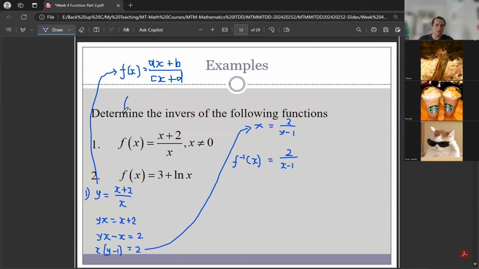So you can find the inverse of the function with the same procedure that we used before.